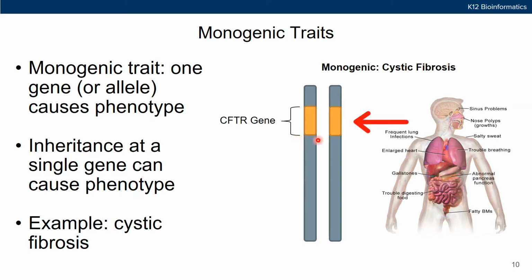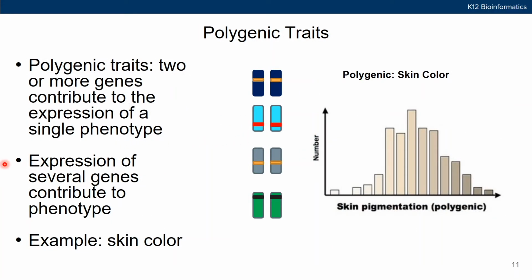You can see here that the CFTR gene on one of our chromosomes is the only gene that impacts whether we develop cystic fibrosis. The other type of traits that we're going to cover today are known as polygenic traits. These are traits that are controlled by more than one gene. A great example of this would be the skin color phenotype.